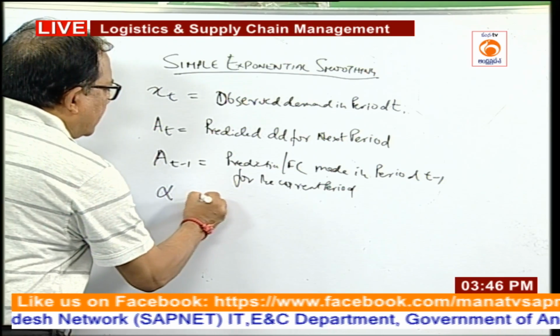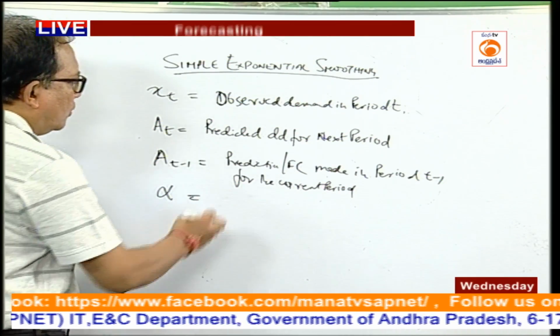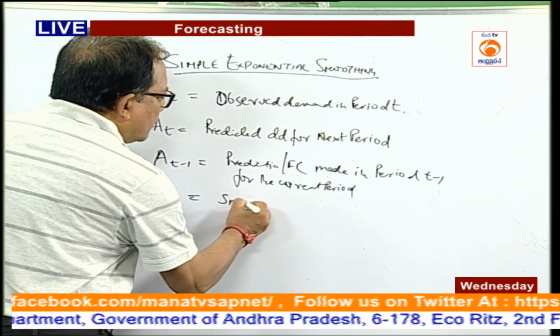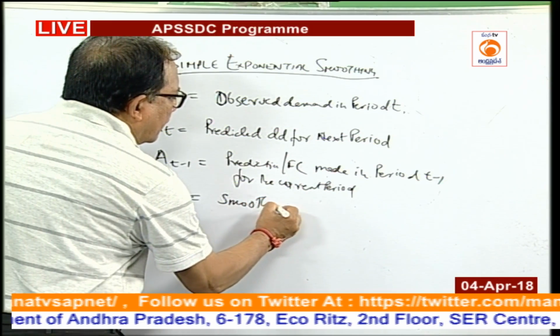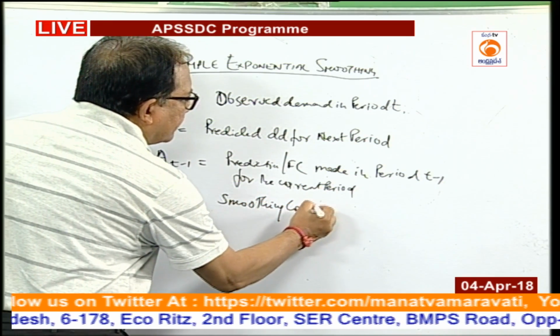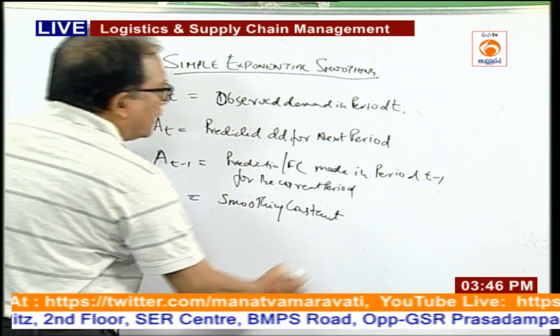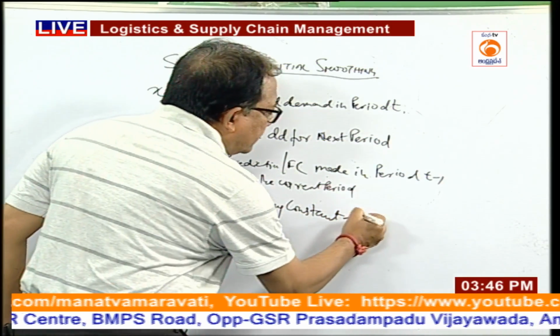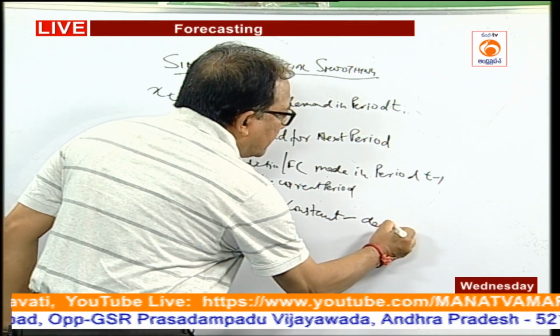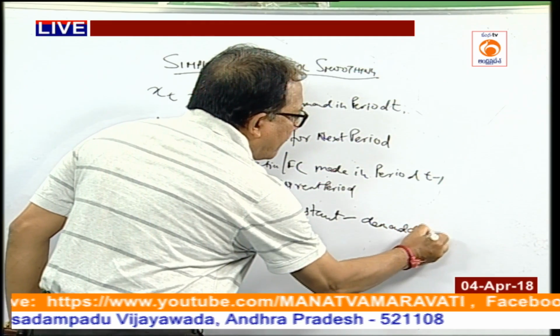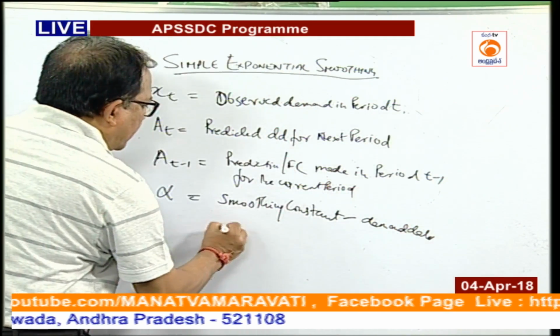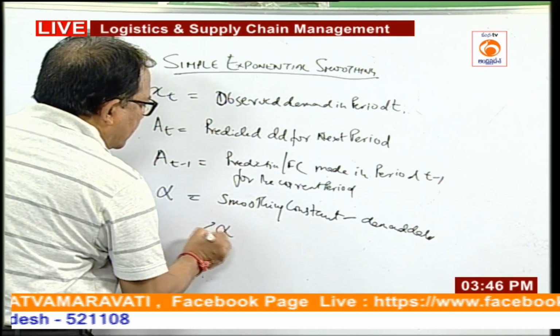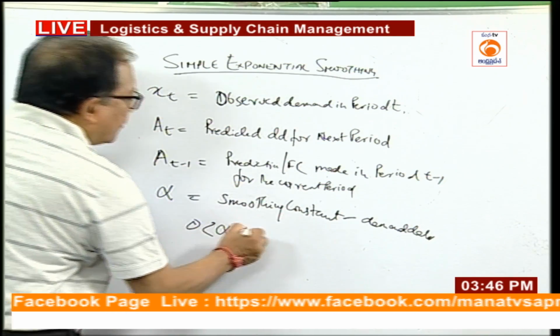There is an element called alpha, which is called the smoothing constant, which depends upon demand data, and alpha is greater than 0 and less than 1.